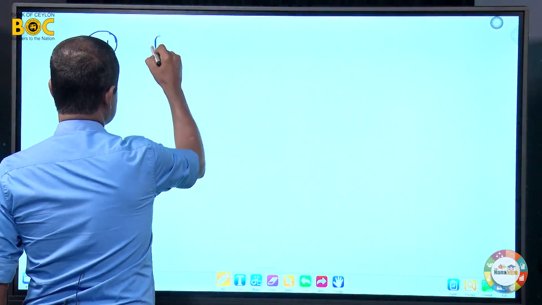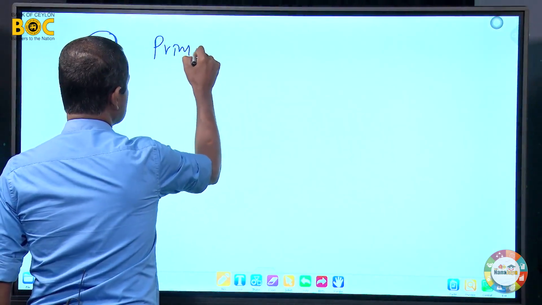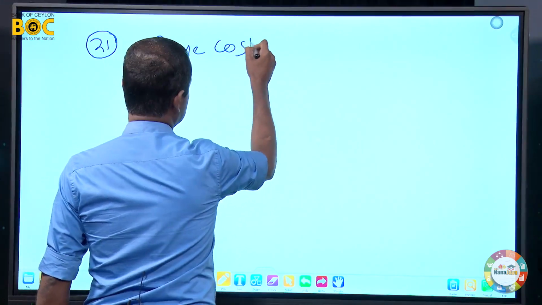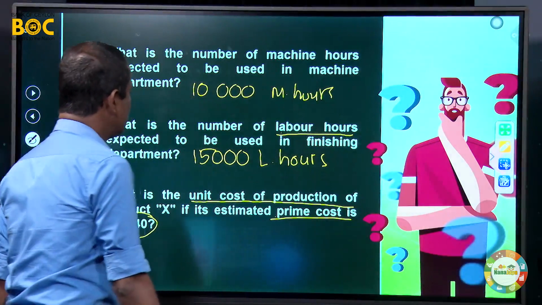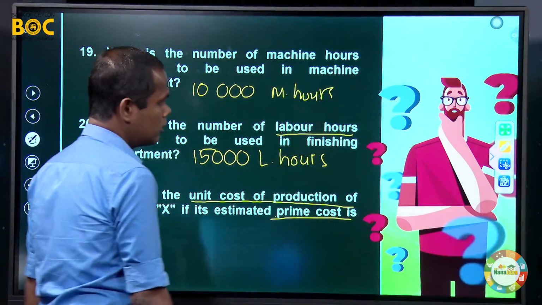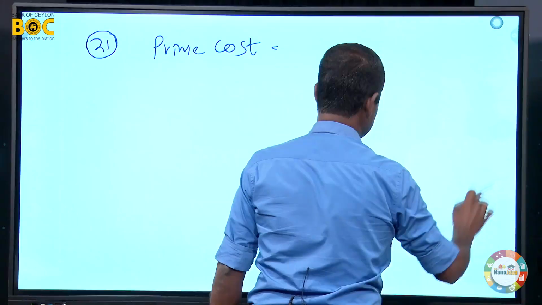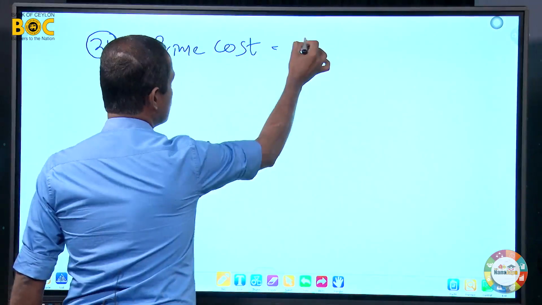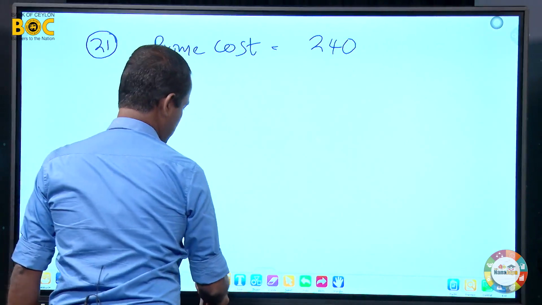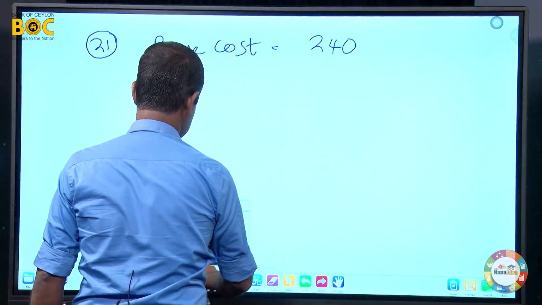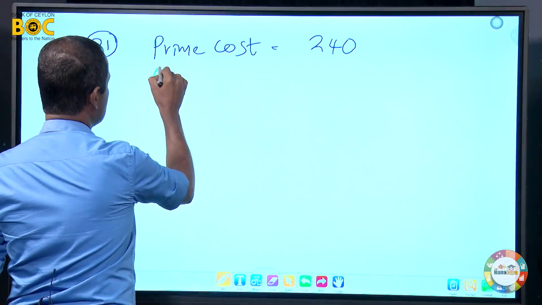The prime cost is given as 240 rupees. To this prime cost, you have to add your overheads.